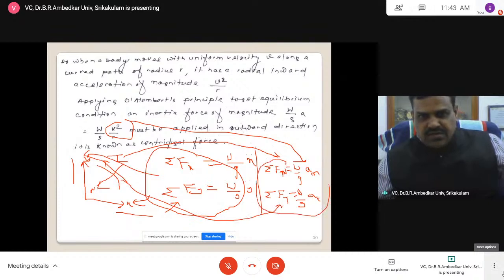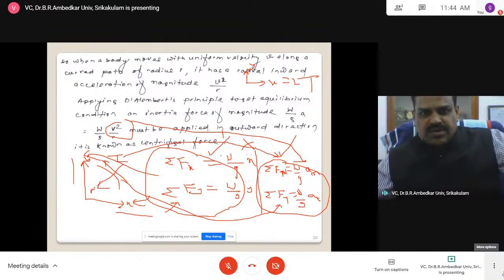But the condition is either this or this. Only one you have to select, not both. That means resolve the forces. Why? Because the curvilinear motion has x degree of freedom and y degree of freedom, two translations. But sometimes instead of x and y, you can resolve along normal and tangential. That also we can find out.